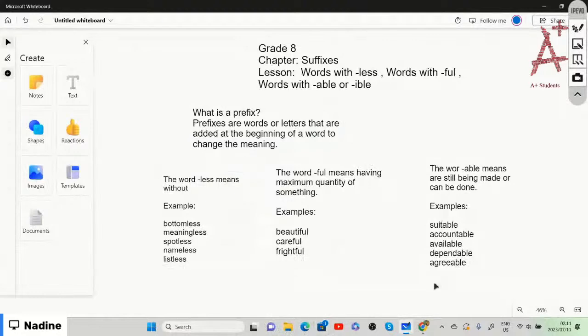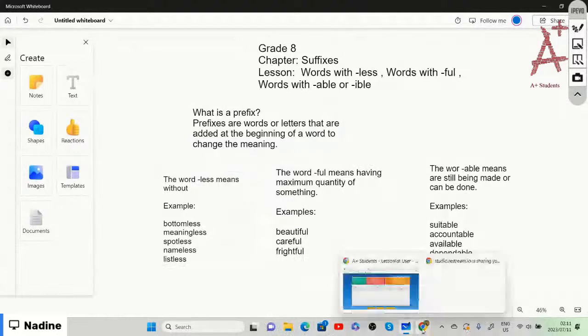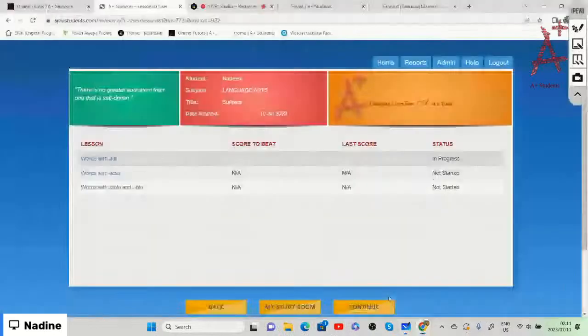Okay, so we say that we are doing suffixes. Sorry, it is words added at the end, not prefixes. Prefixes was the previous lesson.